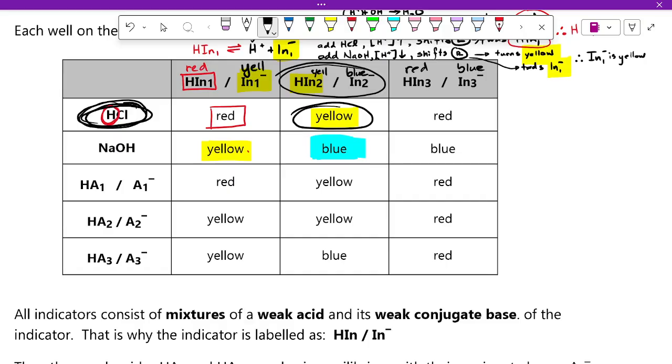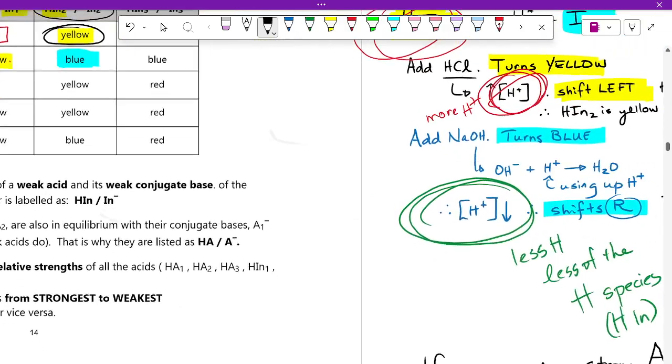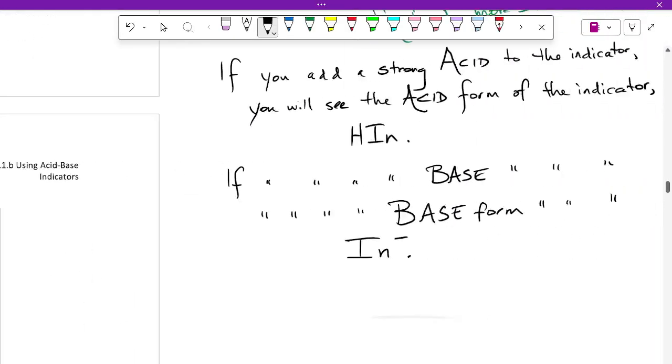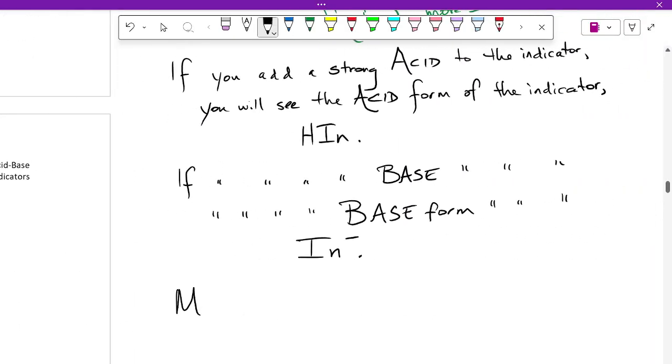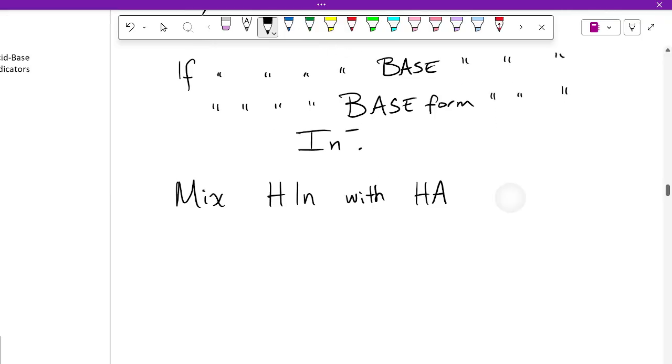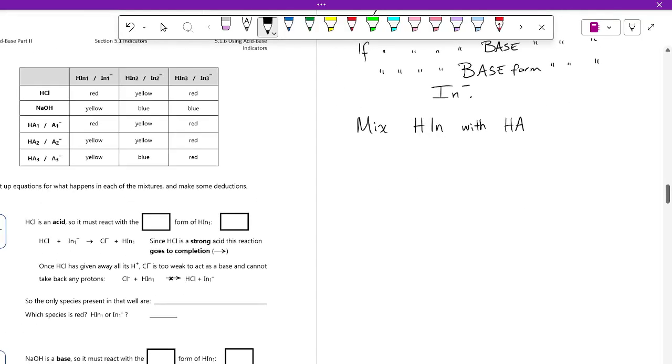And now we're going to mix weak acid with weak acid and weak base with weak base. So you're going to end up with an acid-base equilibrium where you have the indicator acid on one side and the indicator base on the other side. So what we're going to end up with is when we mix any of the HINs with any of the HAs, let's see which way I wrote it around.